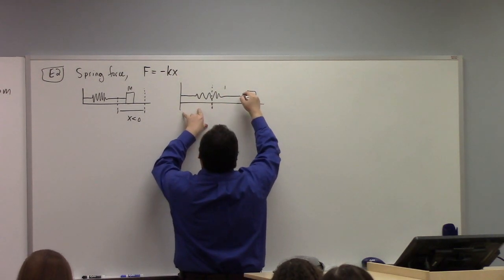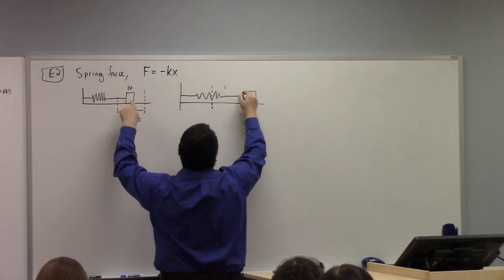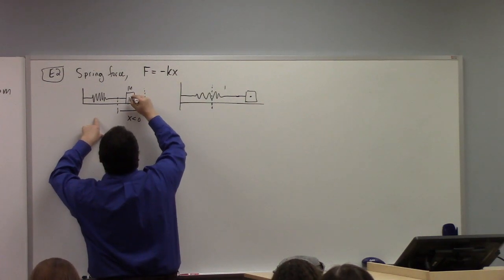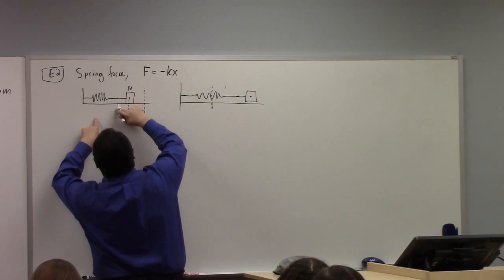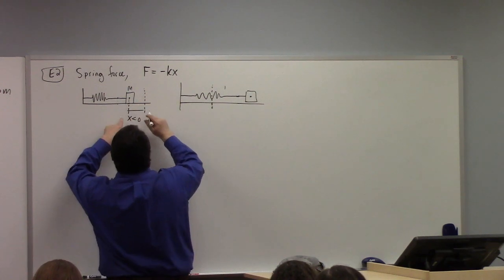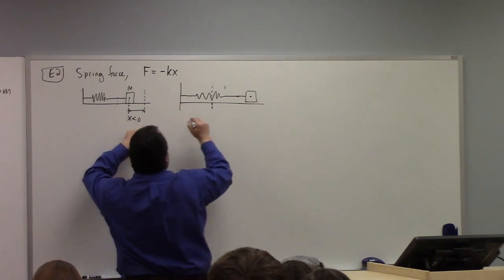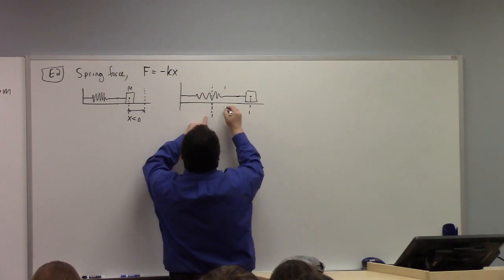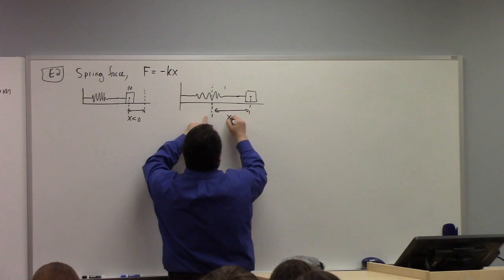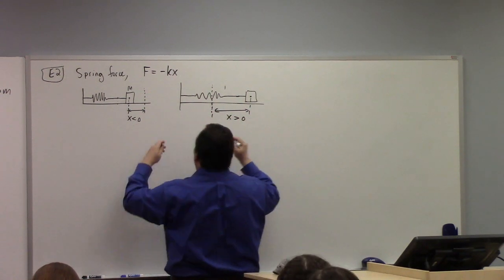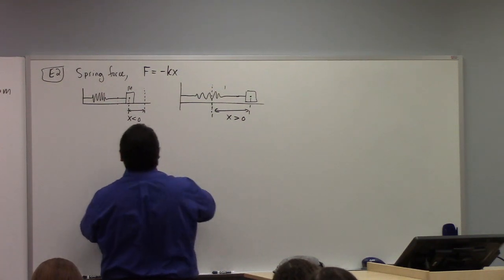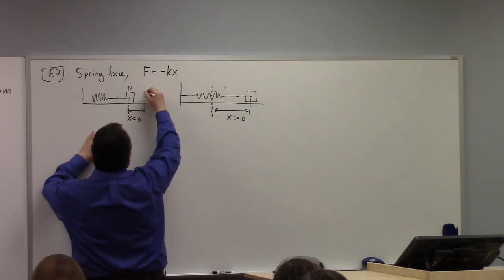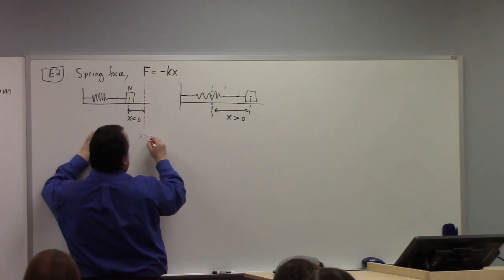I usually draw the reference point at the middle of the mass. My bad. Sorry, guys. There we go. Middle of the mass. So there's my x. So this is x greater than 0. This is x less than 0. Let me make both cases here. This is x equals 0, all right?